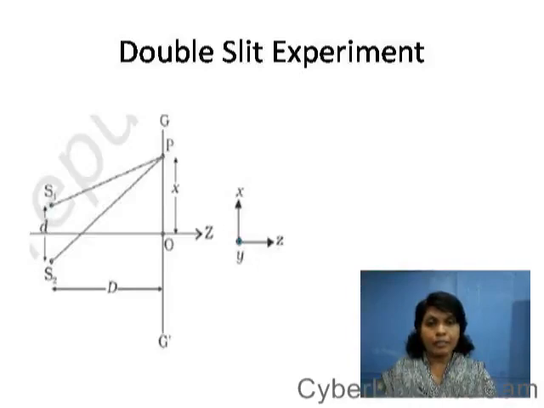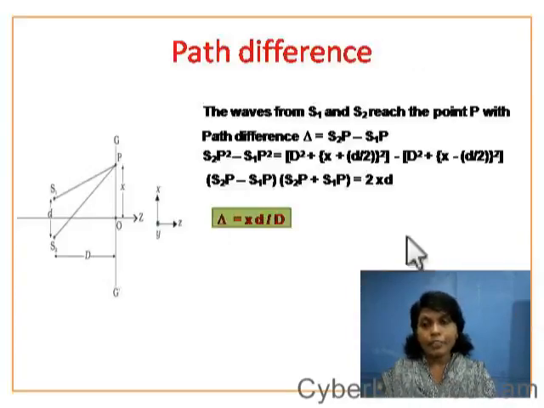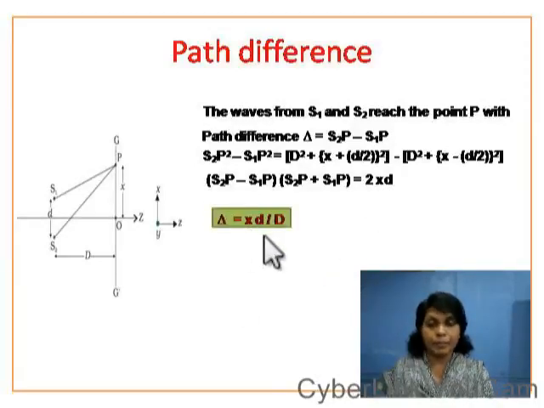For that condition, you can assume S2P to be approximately equal to S1P to be approximately equal to D, and therefore this term is 2D. So the path difference S2P minus S1P is equal to 2xd divided by 2D, which gives you path difference to be equal to xd by D. So we derived the expression for path difference in Young's double slit experimental setup.